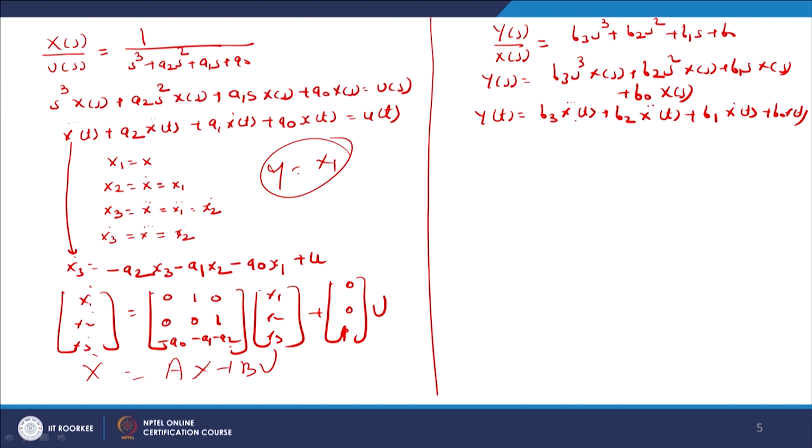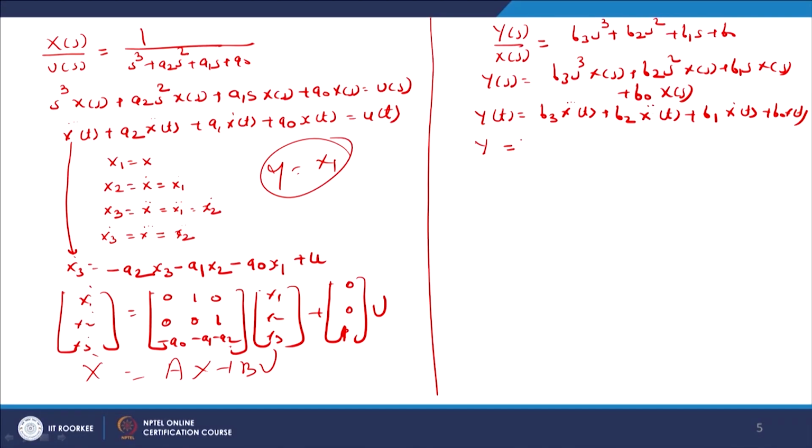We have already determined the values of x triple dot t, x double dot t, x dot t. Now we replace these values here, and we get y equal to b3 x3 dot plus b2 x2 dot plus b1 x1 dot plus b0 x1.